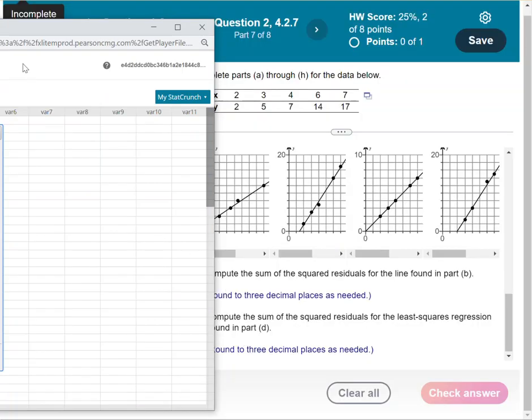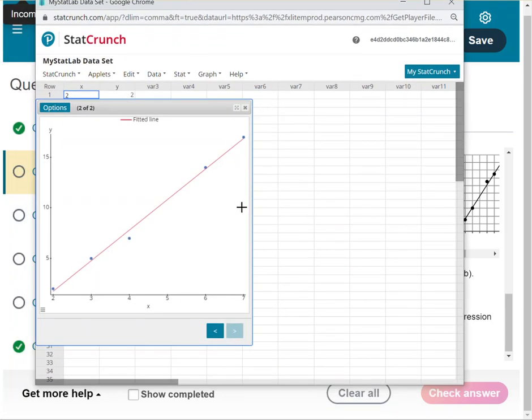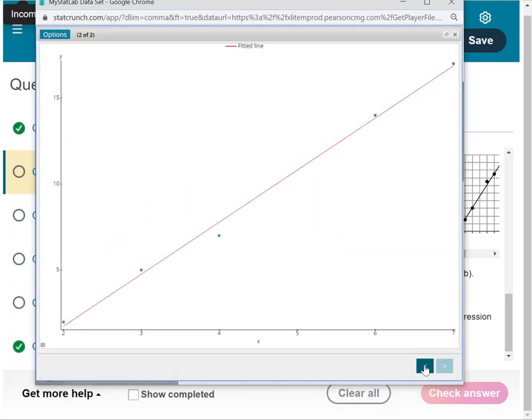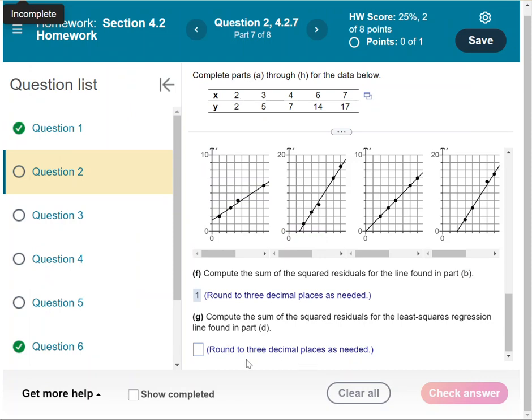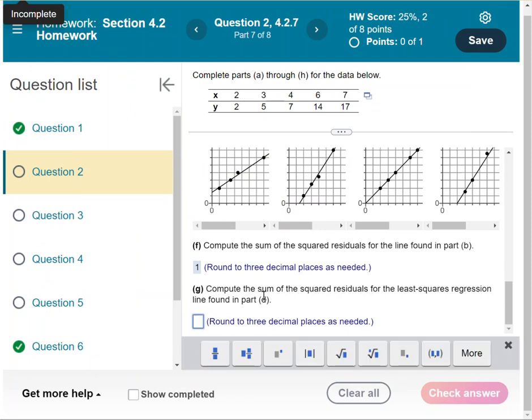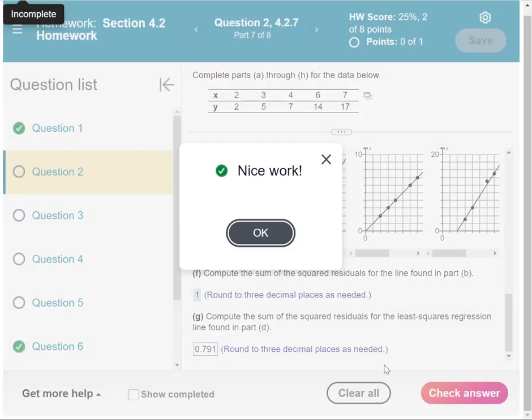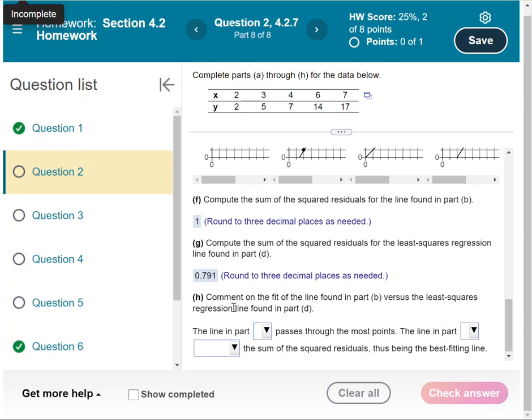If we go back to what we did here, it's going to be this value right here, the SS under error. And so that is 0.791 if you round to 3 decimal places, 0.7906. So 0.791. And let's go ahead and put that in. And there you go. I think that was, oh wait, there's one more.